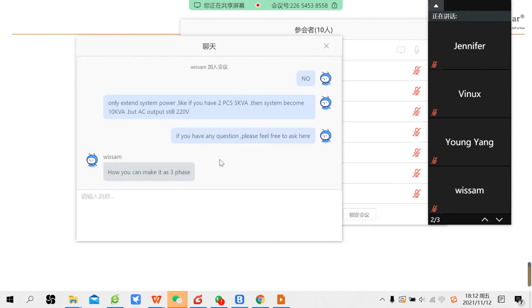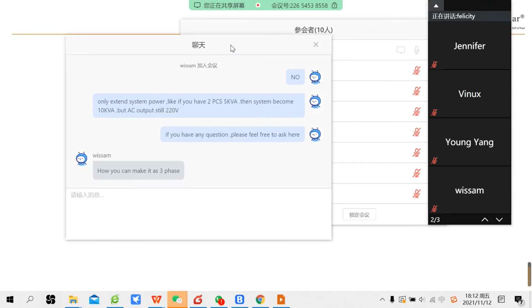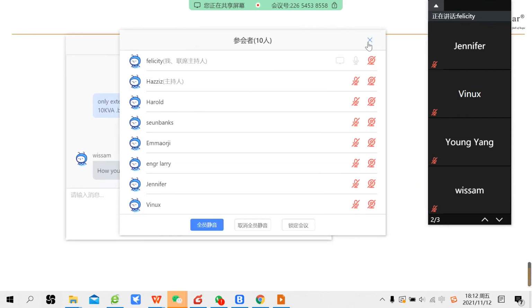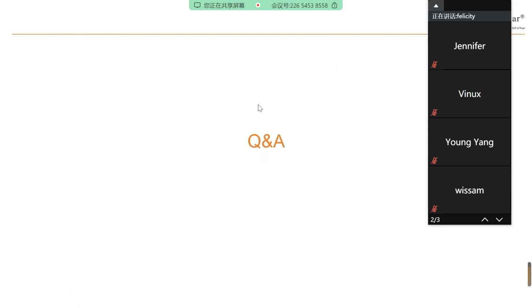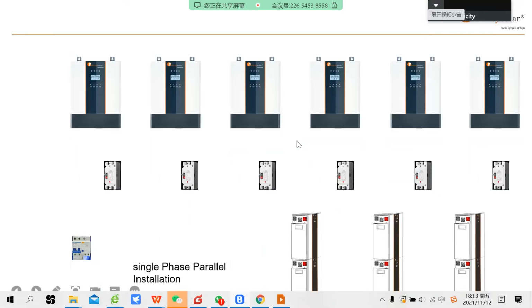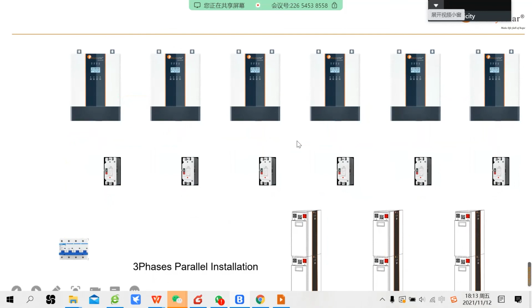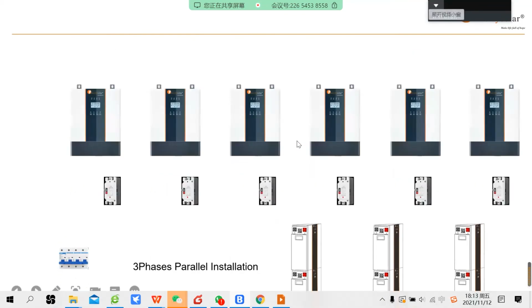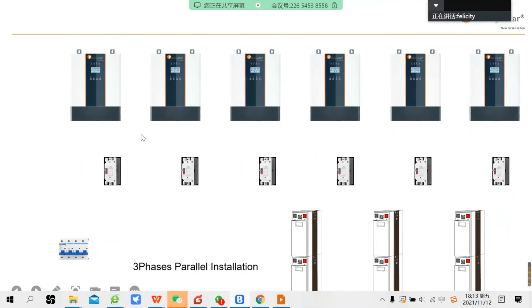How can you make it three phase? We just showed you this system, three phase. At least you need three inverters.